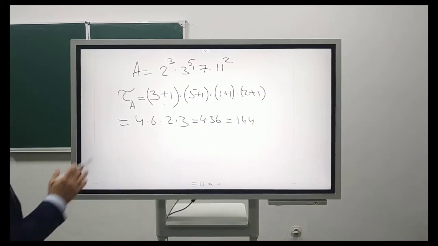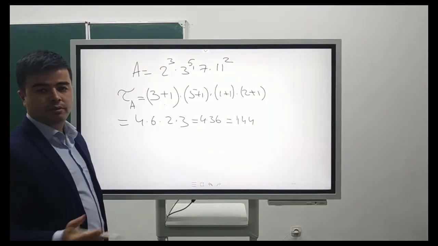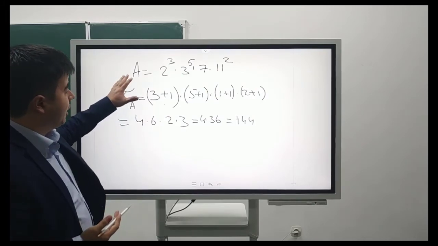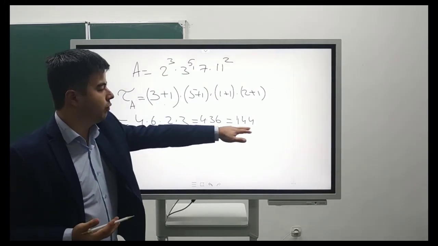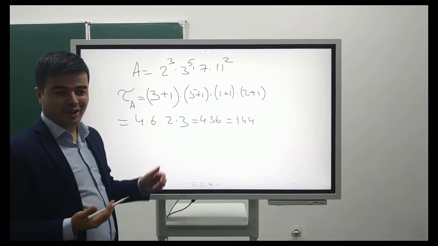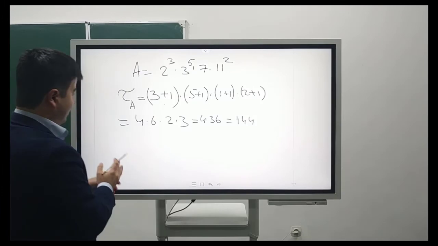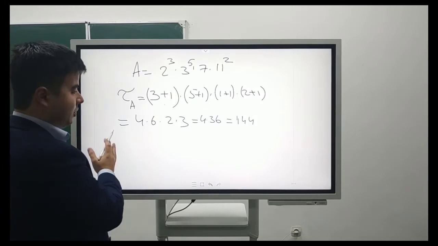Okay, now find for A the sum of divisors. So A has 144 divisors, and we need to find the sum of these 144 divisors. We have the formula, so it's very easy.